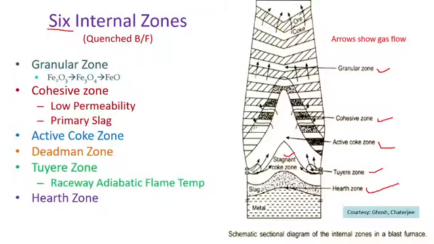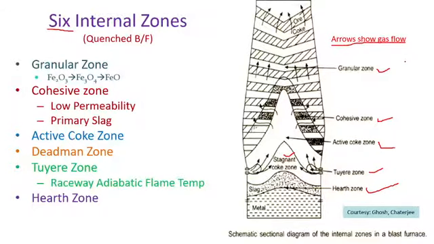Then at the bottom there will be the hearth zone where everything is liquid. Here the arrows give the gas flow directions.